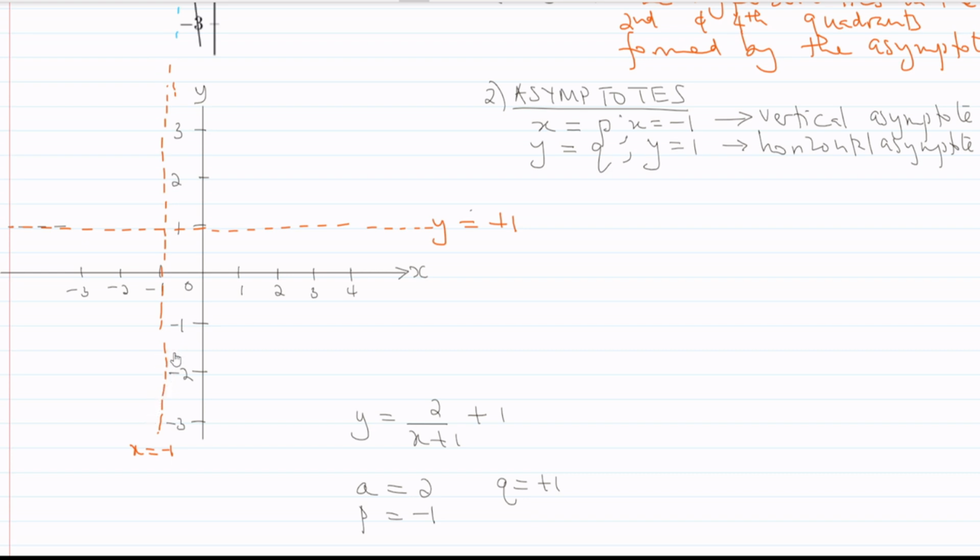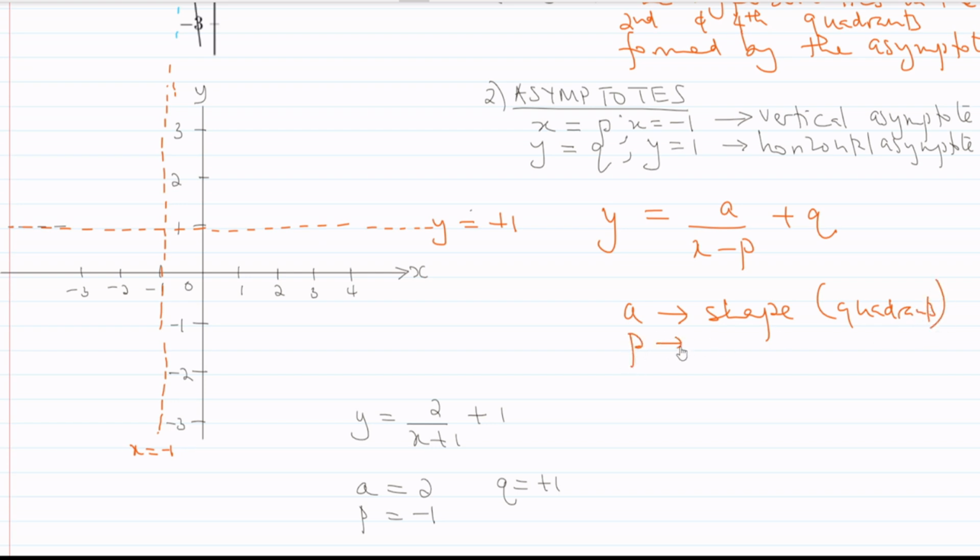So in summary, what are we saying? When you are given the equation y is equal to a over x minus p plus q, a defines the shape. In other words, which quadrant is it? Okay, define the quadrants.